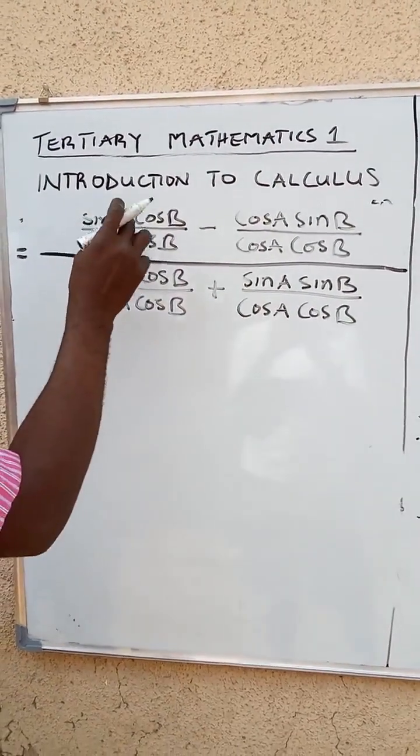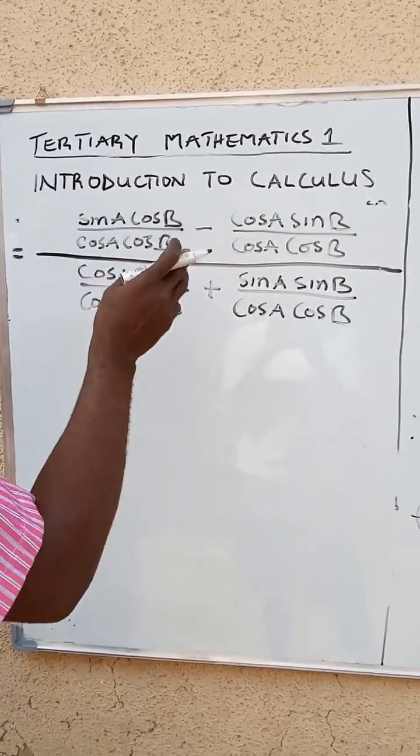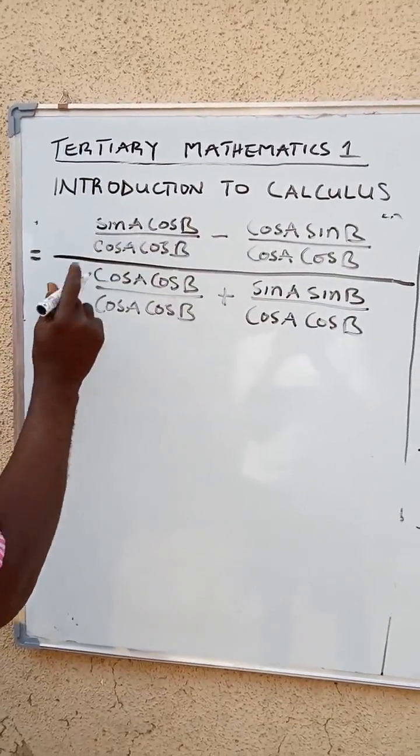So in this place, cos B is 1. It's just like 1 times sin A over cos A.